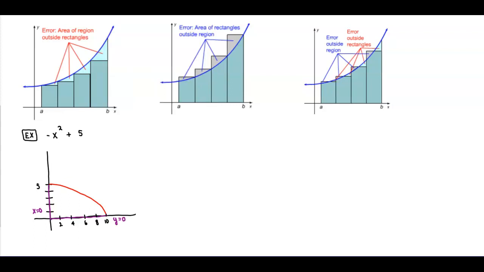So at the increment of 2, we're going to draw a rectangle. And then at 4, we draw another rectangle. And then at 6, we draw another rectangle. At 8, there's another rectangle. And then at 10, we can see that we have our final rectangle.